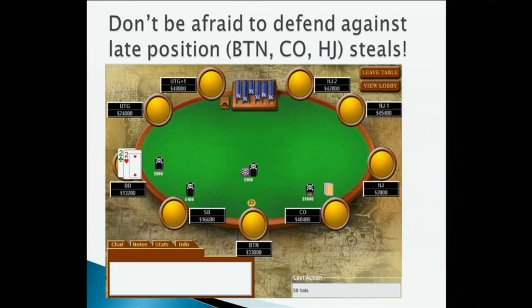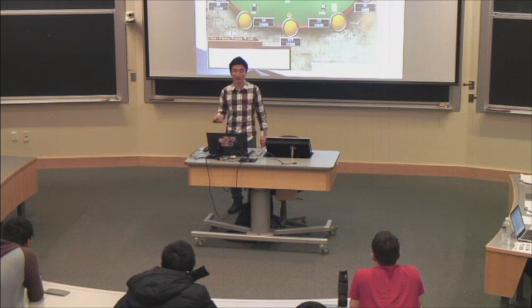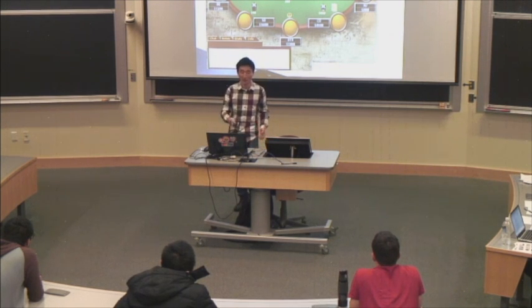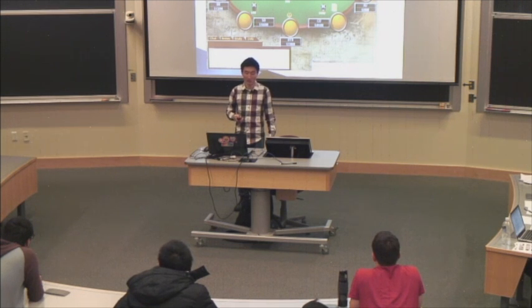They might even fold pocket threes, pocket fours. I think the Nash equilibrium is to fold pocket threes, pocket fours if you have enough chips. But when they do call you, even if they have a hand like ace king, you still have 50% equity, right? So small pairs are pretty good at just re-raising all in against late position steals.